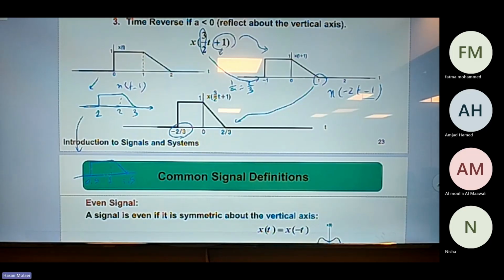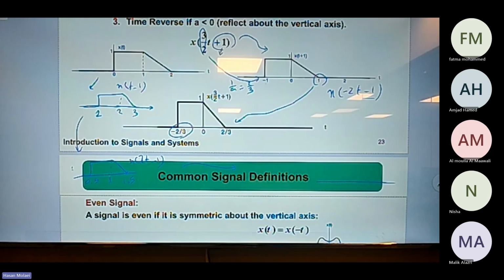At the end, if it is 2, it is x(2t minus 1). Okay. I need to find its reverse with regard to the vertical line, which means I need to multiply the thing.